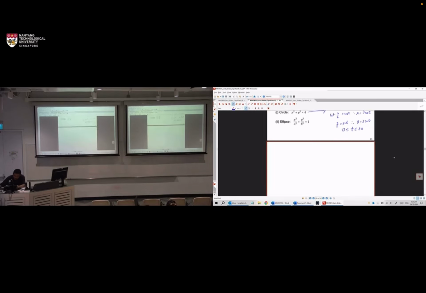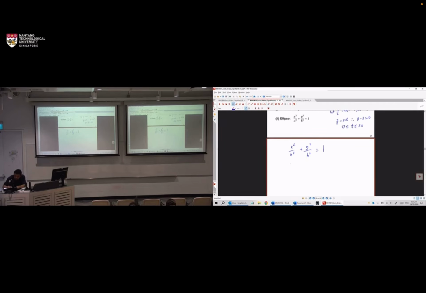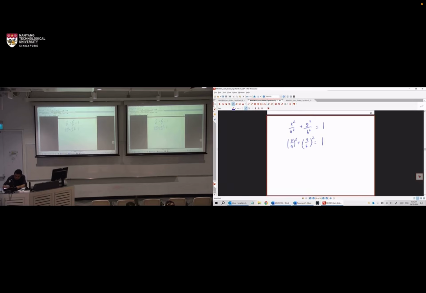Next, we have the case of x squared over a squared plus y squared over b squared equal to 1. It's similar, so it's (x over a) squared plus (y over b) squared equal to 1, like your cosine squared t plus sine squared t equal to 1.